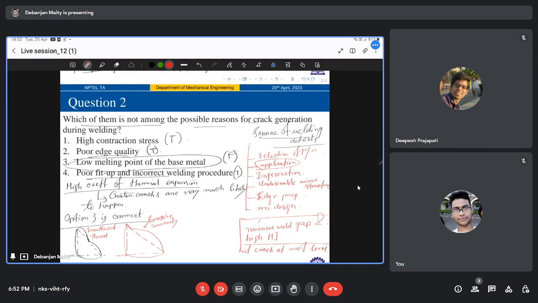Then you can have some overlap also. How do they look? So you can have some overlap like this, right? So those things come under incomplete fusion, then undercut. So those things come under incorrect weld bead shape, right?